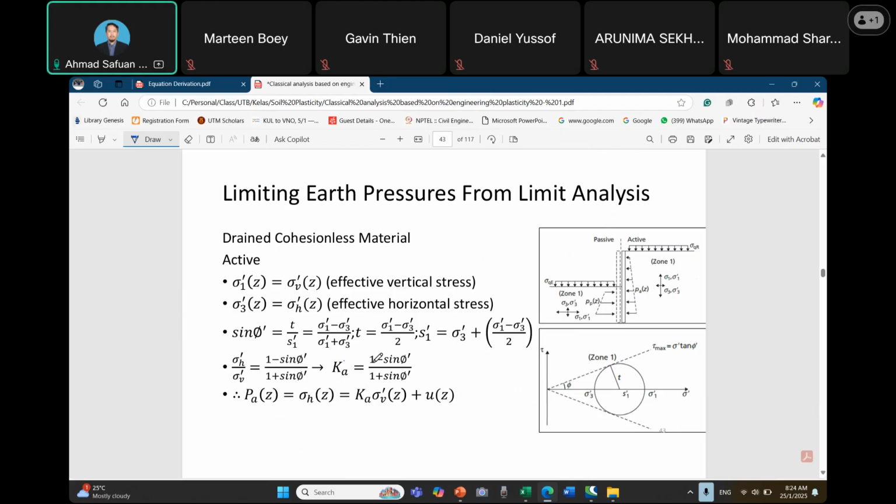So this is the equation for active earth pressure.